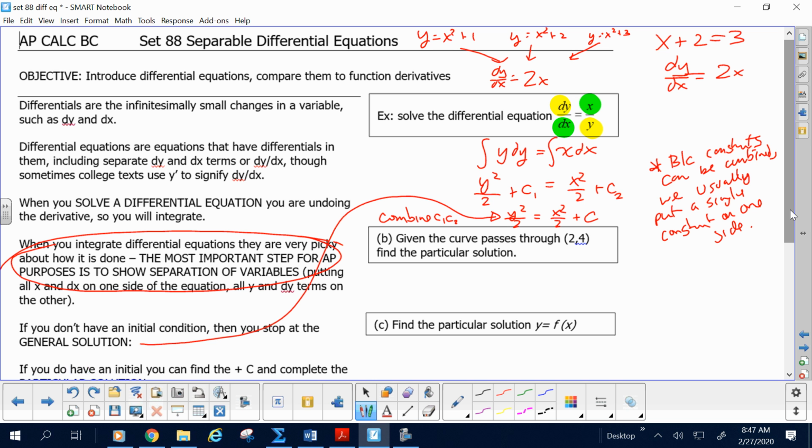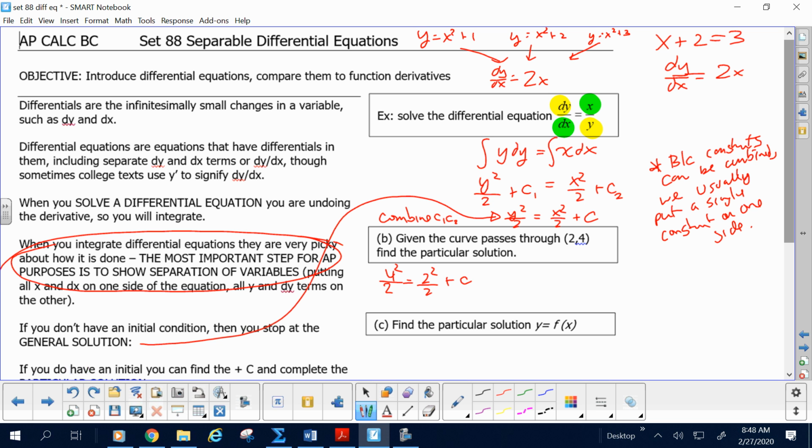Now, if they give you a point on the curve, then that rules out lots of possibility and nails it down to one possibility. When you find the C, you're finding what's called the particular solution. All right, so say I built off of this problem. I said, given the curve also passes through 2, 4, find the particular or one single solution. I'll put in the initial condition, being careful to put the 4 and the 2 in the correct places for x and y.